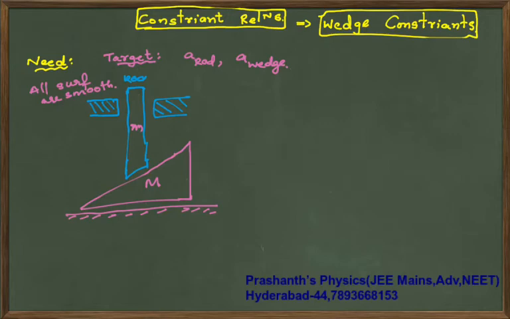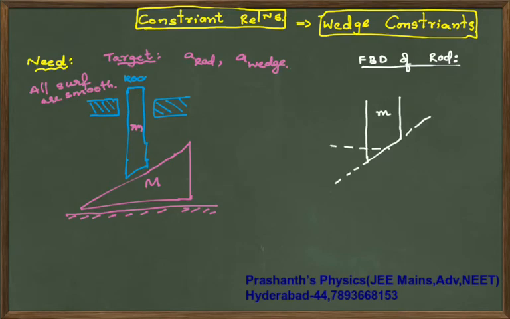Why? Because if you take the free body diagram of the rod, with the surface like this and the vertical axis like this, for example, why do I do this? I will tell you, don't worry. This rod is allowed to move only along the y direction.